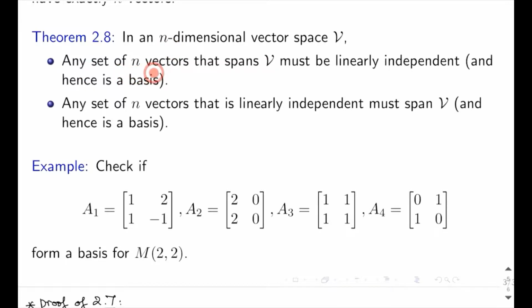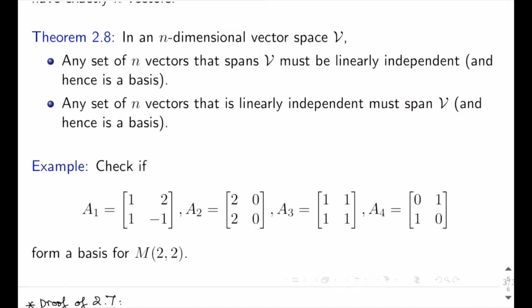You want to prove that that is a basis for V. Then by the definition, you will have to prove independence and you will also have to prove the spanning property. The fact is that if you know already V is n-dimensional, then you only need to prove one of them. The other will be a direct consequence of what you have proven.